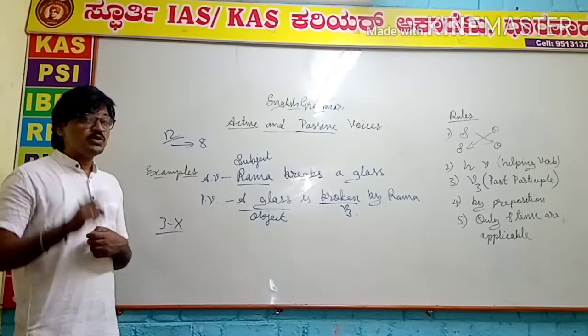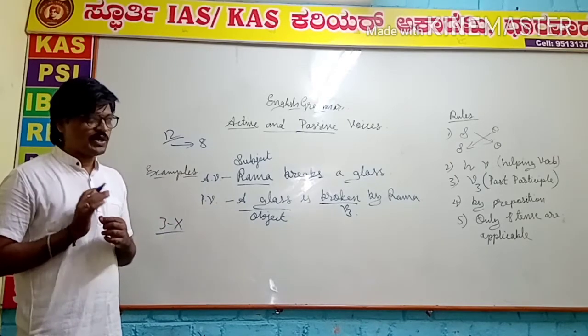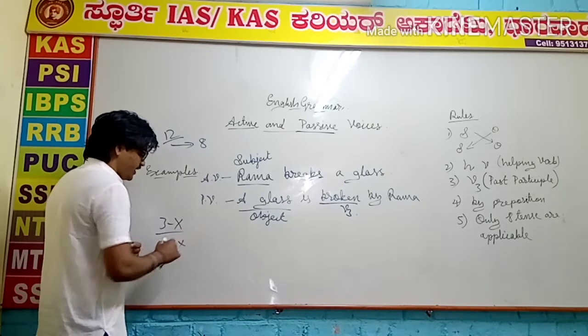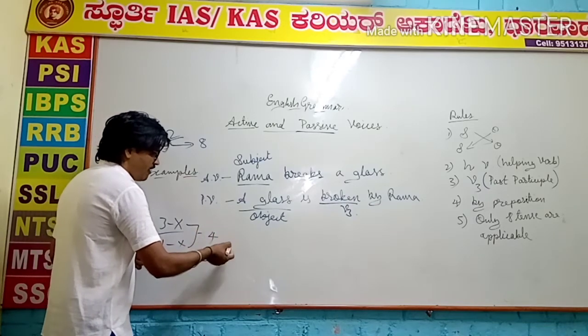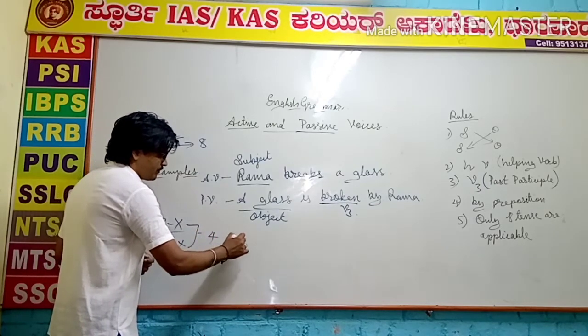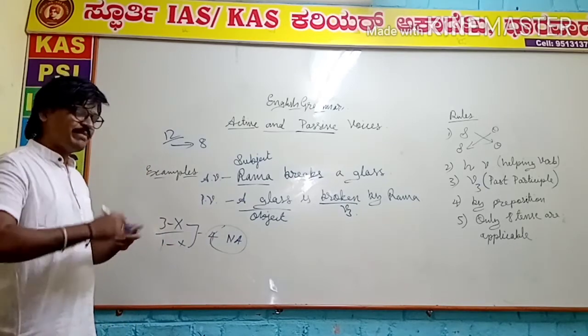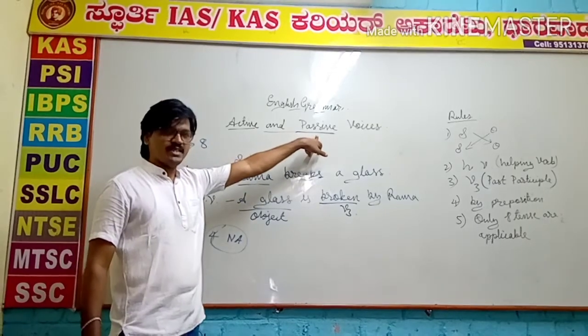One more: future continuous tense. It is also not applicable. It means 4 tenses are not applicable. Understood now? The remaining tenses we can change into passive voice.